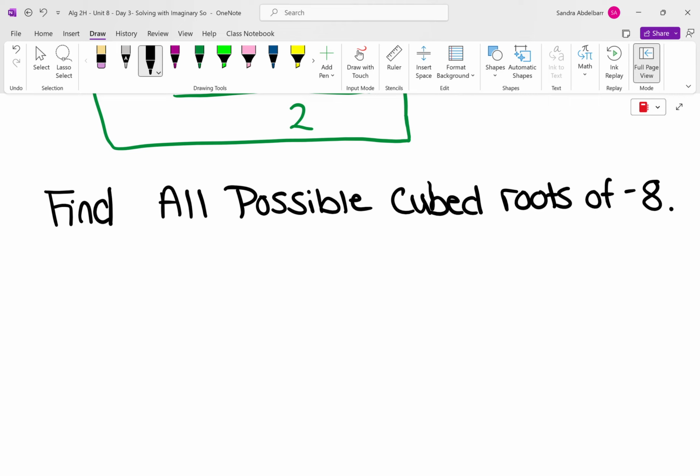Okay, well, all the possible cubed roots of negative 8. What does that mean? That means any quantity times itself 3 times has to equal what? Negative 8, right? That's the cubed root. Any quantity times itself 3 times will equal that negative 8. So do we know what the quantity is? No. So I'm going to say some quantity x raised to the 3rd power has to equal negative 8.